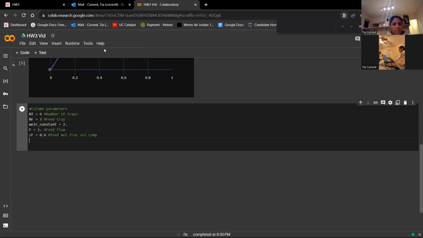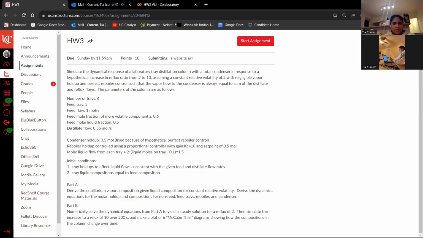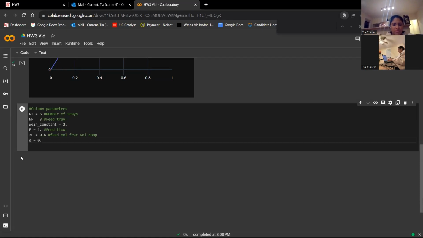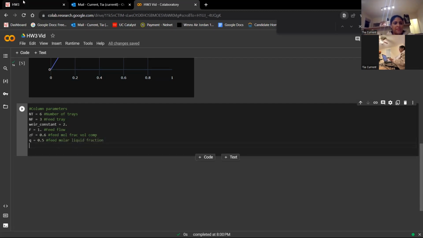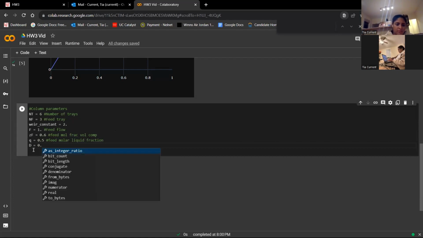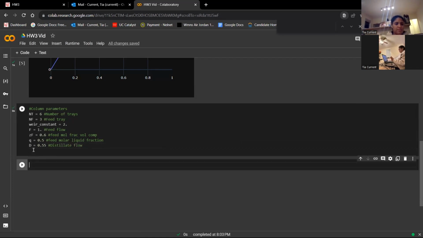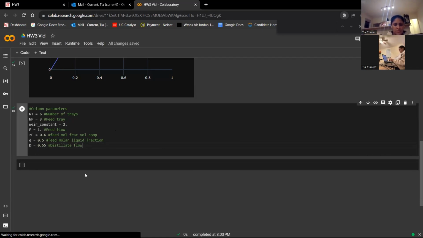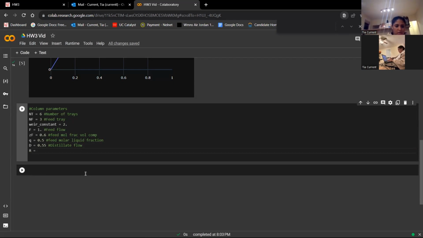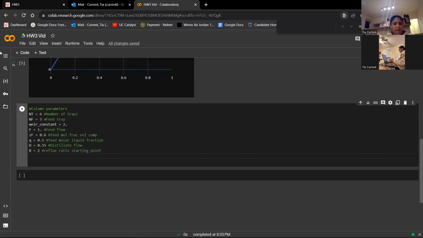And then our q is 0.5, feed molar liquid fraction. Hashtag distillate. Our R is going to be equal to 2, and that is our reflux ratio starting point because we're going to change it to 10 later.